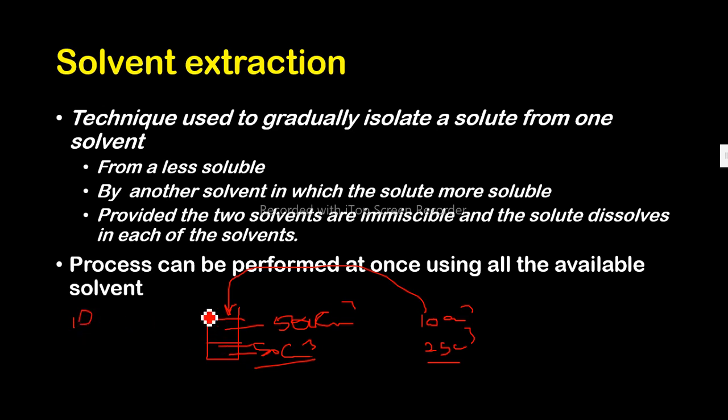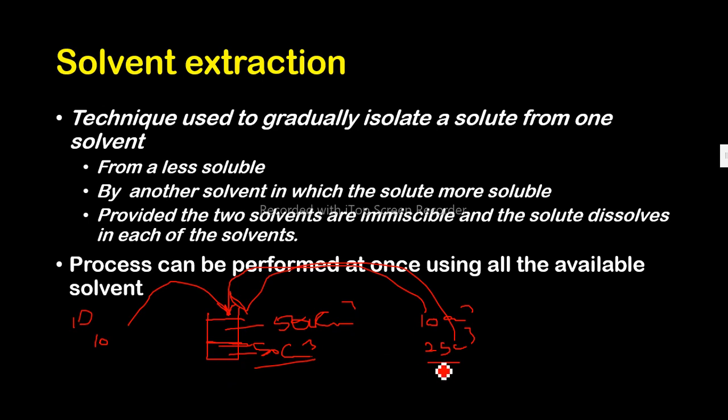The 10 extracts some. Then to the other new mixture, you add another 10, you pour, you shake, serious shaking. You attain the equilibrium, then you isolate, you keep your other 10. And you do so successively. I think that's the correct word.